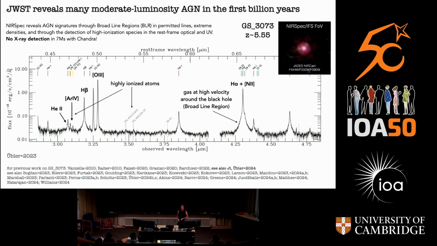So first here, I want to show our most beautiful object that we discovered early on in the IFS survey, the galaxy 3073 at just 1 billion years after the Big Bang. And what you can see in this beautiful spectrum, here the flux is in log scale to highlight these features, is that we have these very nice broad lines in the hydrogen and helium lines.